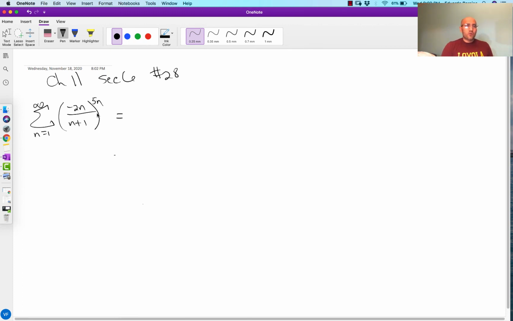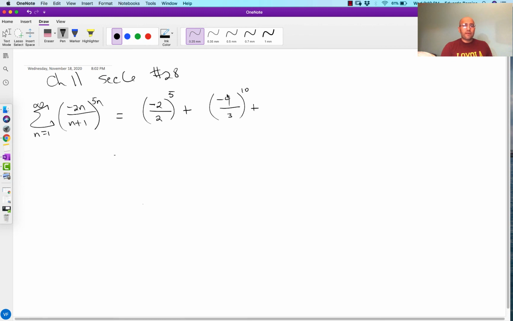So when n equals 1, we end up with negative 2 divided by 1 plus 1, which is 2, and the whole thing is raised to the power of 5 times 1, which is 5. That's just negative 1 to the 5th power, or just negative 1. Plus, now when n is 2, we'll end up with negative 4 divided by 3, raised to the power of 2 times 5, which is 10.